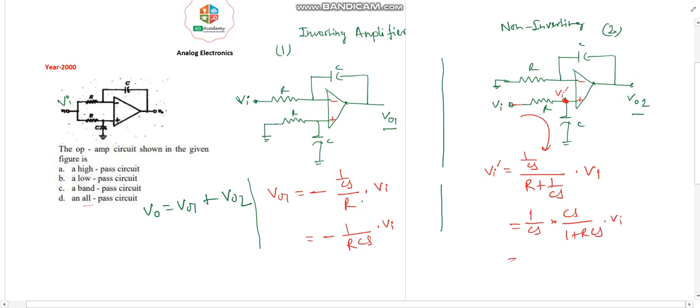So Cs cancels out, and the value will be Vi divided by 1 plus RCs.